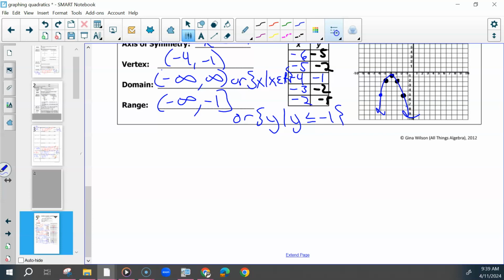For time's sake, we won't have time to go over any other questions. So I want you to skip to the page that says analyzing quadratic graphs.